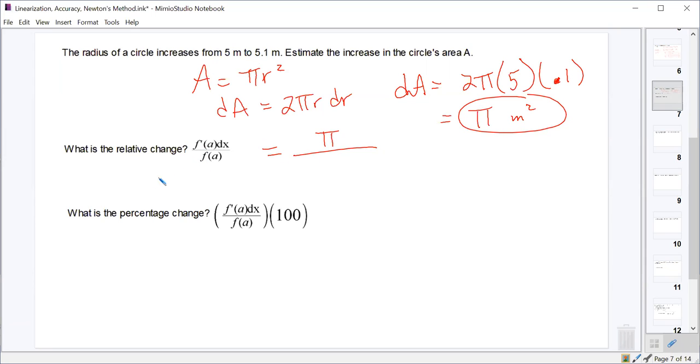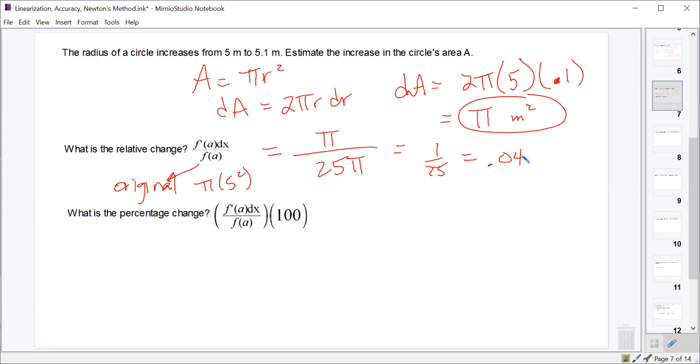So our original amount was 5 meters, so f of a is the original value, which would be 25 pi. Pi times that radius squared. Good? And what does that give you? It gives you 1 over 25, or a relative change of 0.04.